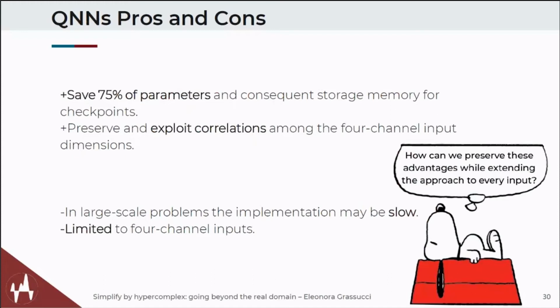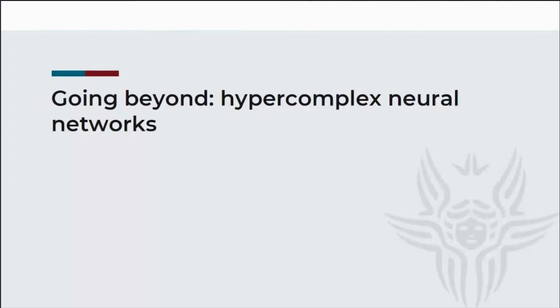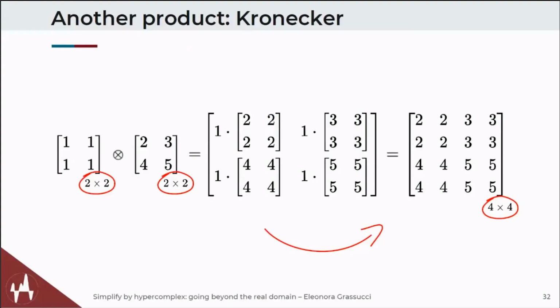So we asked, how can we preserve these advantages while overcoming these disadvantages, and extend the approach to every dimension, every input? And that's why we proposed another approach that is based on the Kronecker product, so another product.